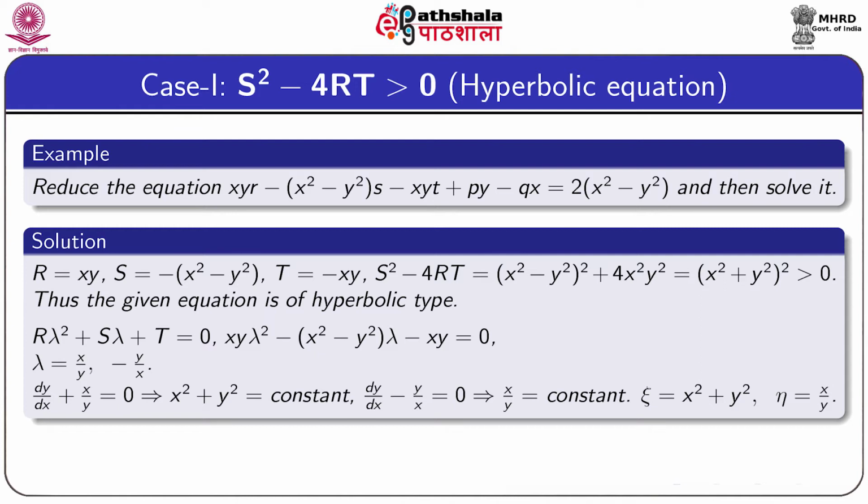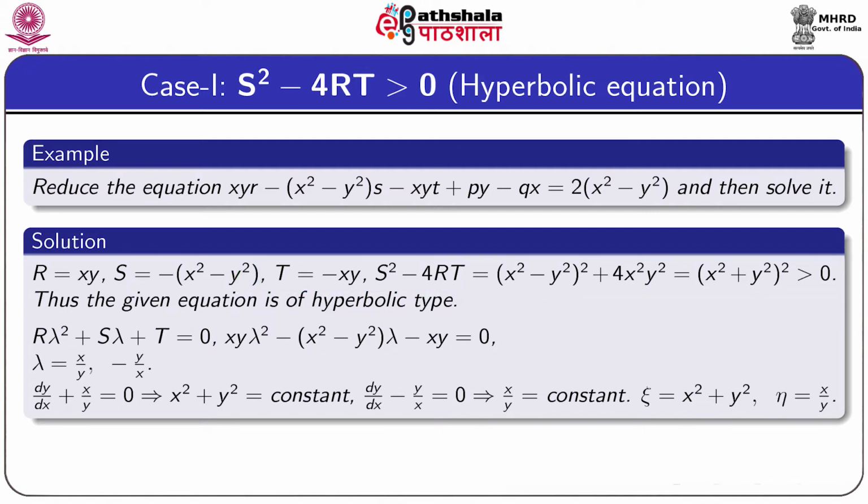Now, we shall take one example. This is our given equation, which is a second order linear differential equation. Now, for this equation, capital R is xy, S is minus x square minus y square, capital T is minus xy. So, s square minus 4 rt can be calculated, which is a positive quantity.